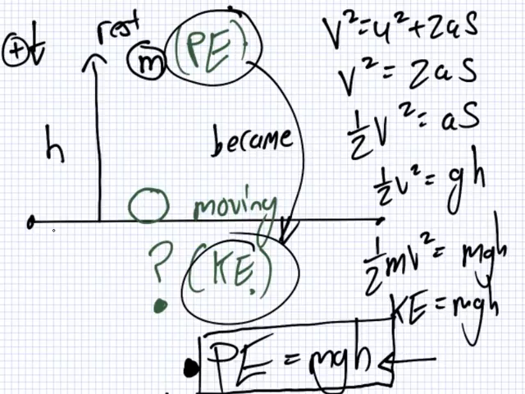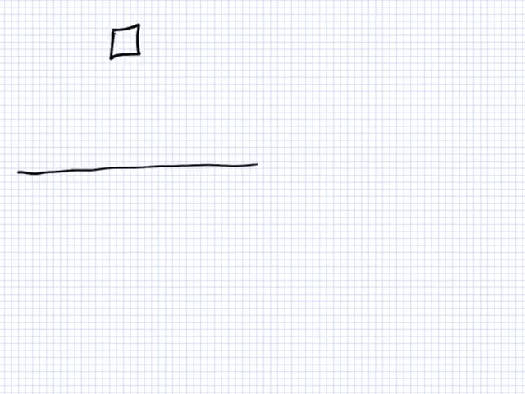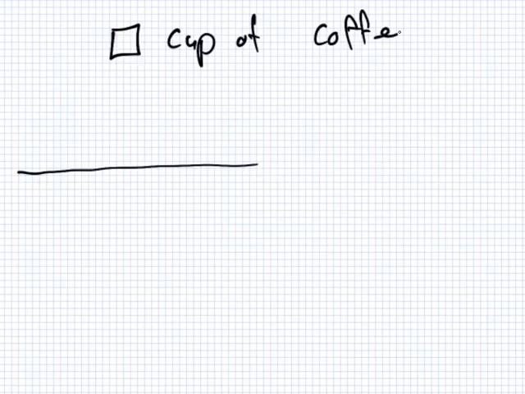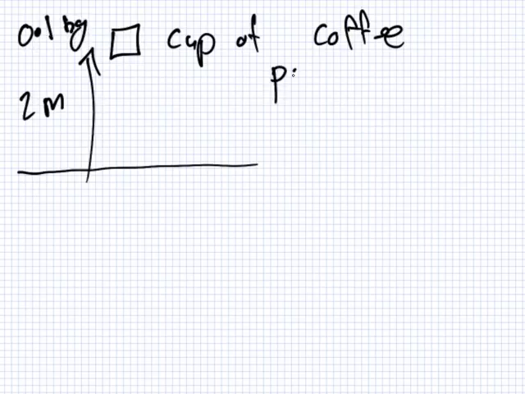Right. Now, a little bit about potential energy. Let's do a very simple example. Here is my cup of coffee, and let's say the height here is 2 meters, and the mass is 0.1 kilograms. How much potential energy does it have? m, g, and h.